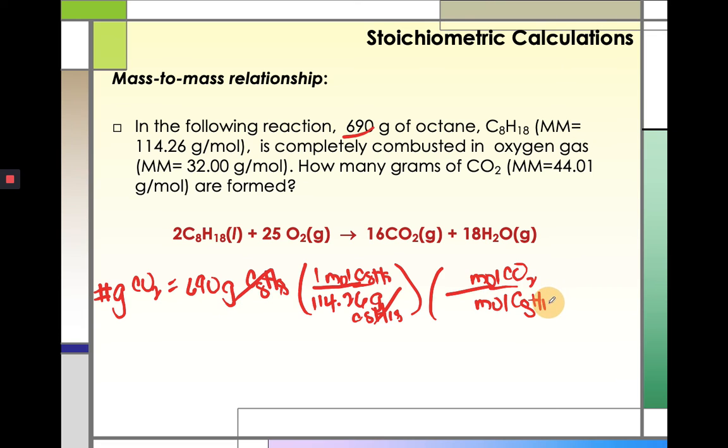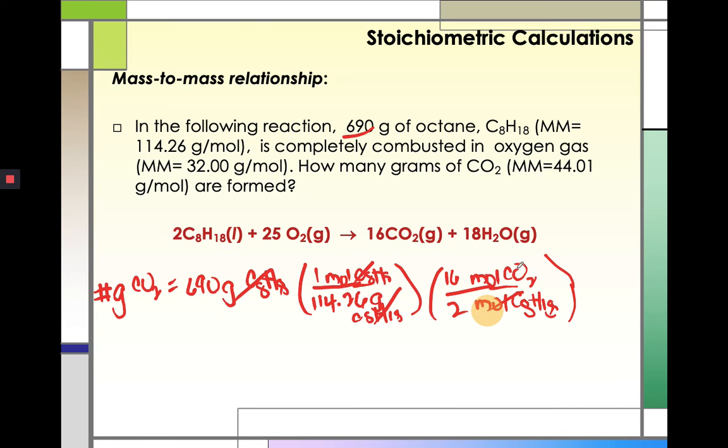We can find it from the coefficients in the balanced chemical equation. The mole ratio between carbon dioxide and octane is 16 to 2, so 16 moles of carbon dioxide and 2 moles of octane. Then we can cancel the unit of moles octane, and we end up with moles of carbon dioxide.